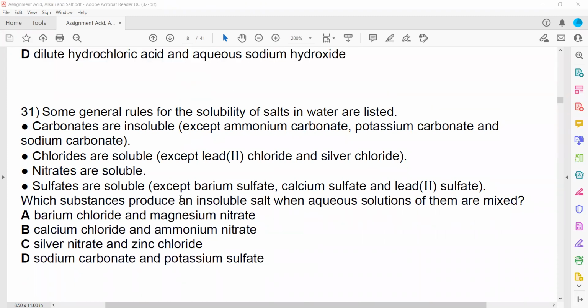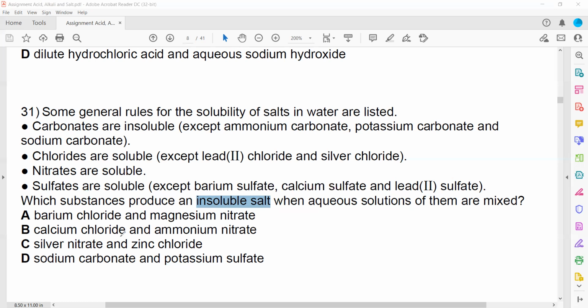Then which substances produce insoluble salt? When barium chloride is mixed with magnesium nitrate, it will produce magnesium chloride plus barium nitrate, so both will be soluble. When we check the second option, it will form ammonium chloride plus calcium nitrate, both soluble.